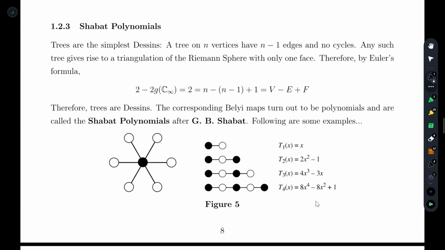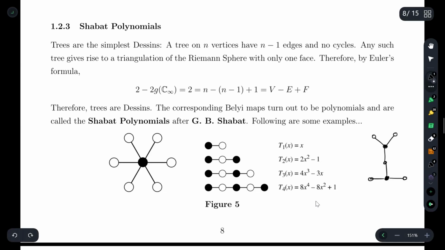And there is another set of examples: trees are the simplest examples of designs. By tree we mean a graph with no cycles.